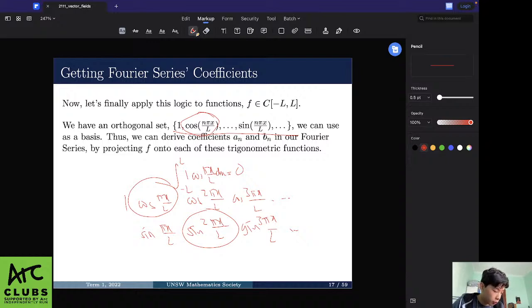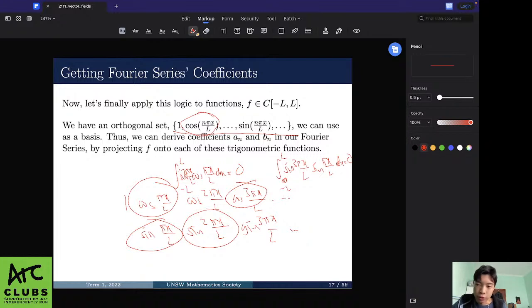But of course, you can also put in a sine 2 pi x on L here, or you can take the integral from minus L to L of sine 3 pi x on L multiplied by sine pi x on L dx, and that's also equal to 0. So any two functions you find the inner product of, it's going to be equal to 0, and that makes it an orthogonal set, which means every function in here is orthogonal to every other function in here.